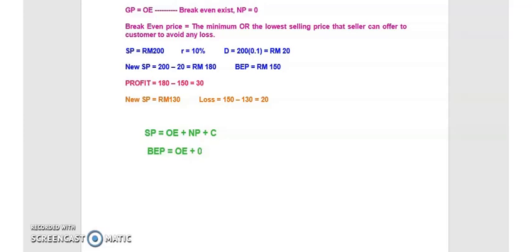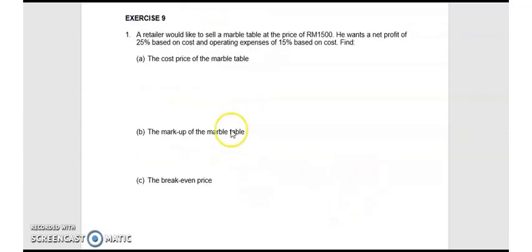From this formula, break-even price will always equal OE plus cost. Whatever cost you put in to get the items, together with all operating expenses, will be your break-even price.